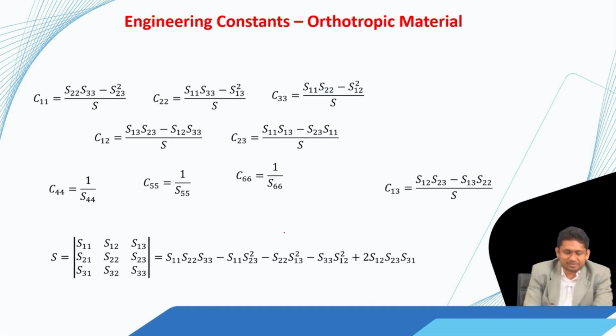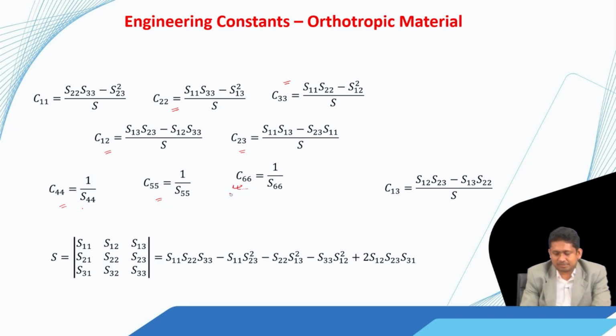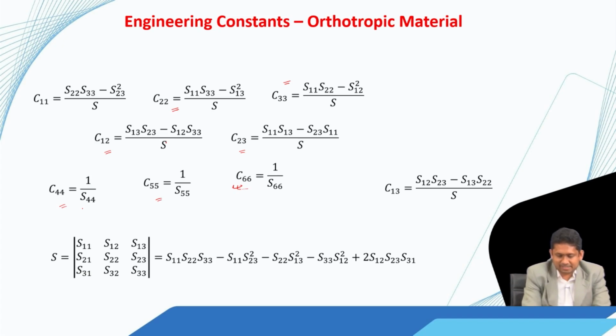So, after inverting we get this relation: C11 is equal to (S22 S33 minus S23 square) by S. Similarly, we have C22 and C33 here, and we have C12 and C23 here. C44 is equal to 1 by S44. Again these are pure shear terms, so they are independent. Similarly, C55 is equal to 1 by S55 and so is C66. While writing this, we are using this S several times. So, this S is the determinant of this matrix.